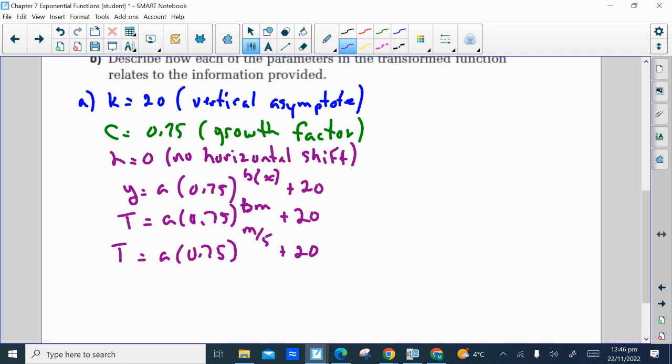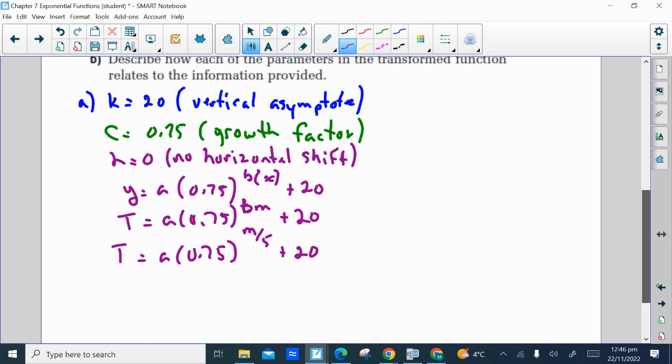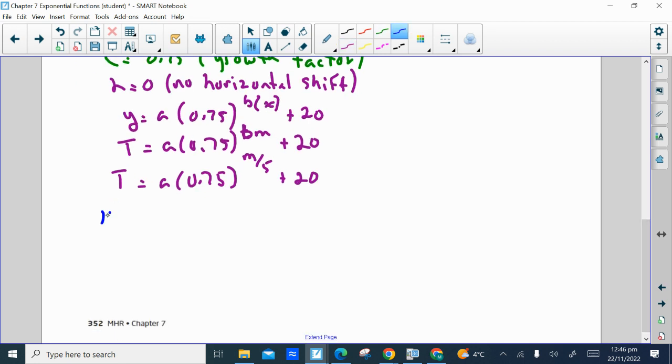The only thing we have to do now is figure out what our A value would be. And this is where we go back to our graph and we sub in a point that we know lies on the graph. And the only one we know for sure lies on the graph is its starting point, the point 0, 100. When the time is 0, the temperature is 100. So the temperature is 100 when m, the number of minutes, is 0.